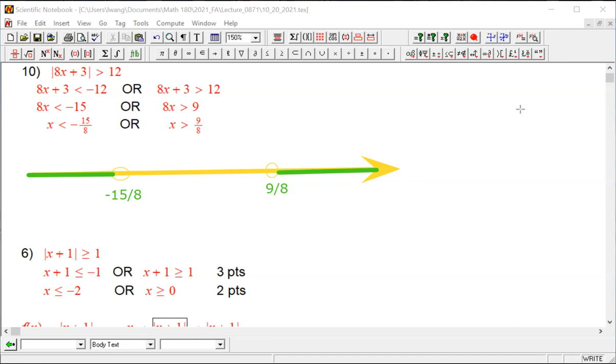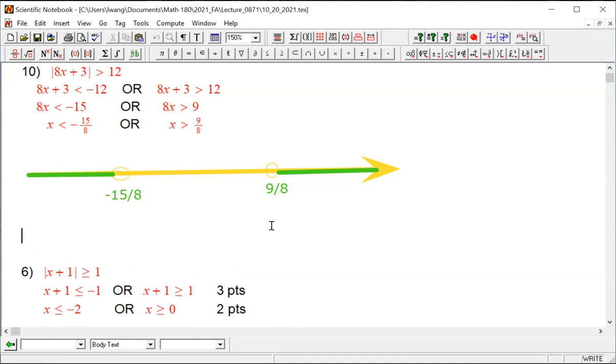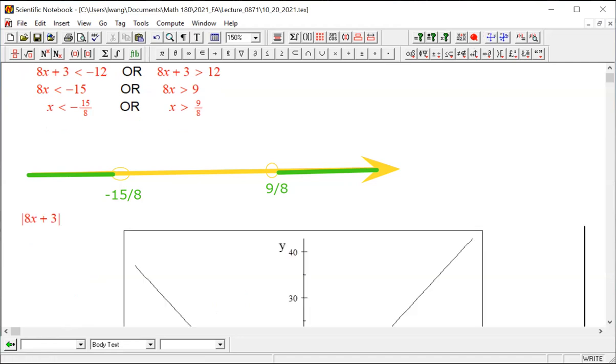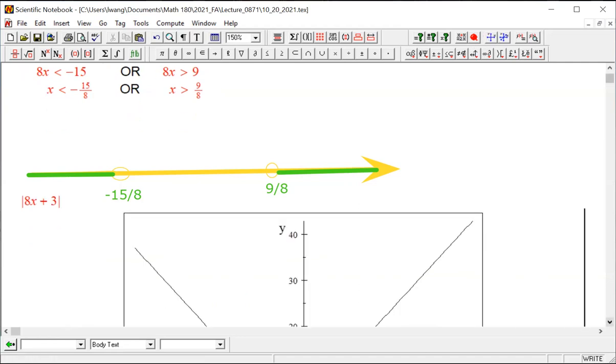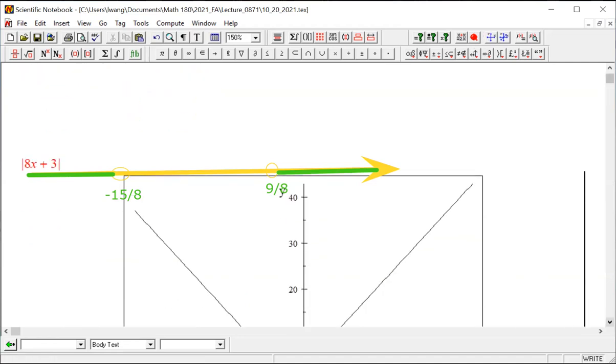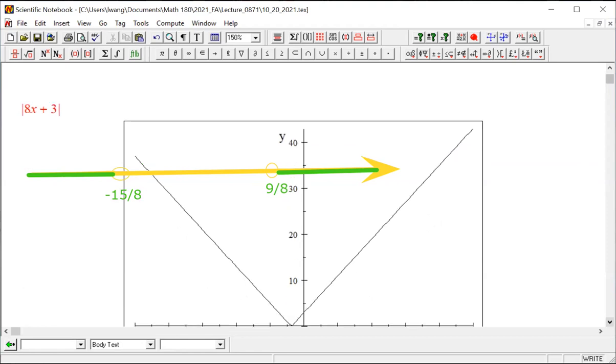Same idea. Completely same idea. Right, larger than 12.